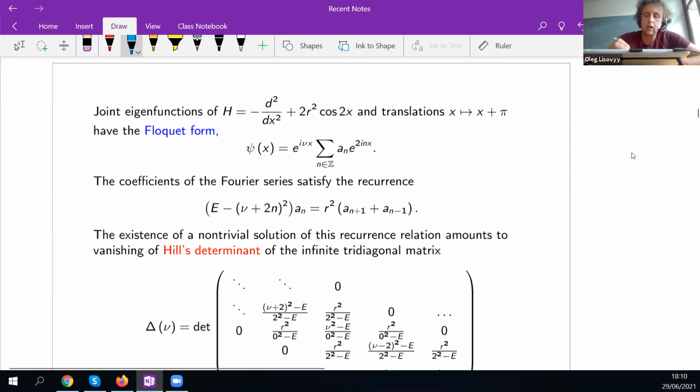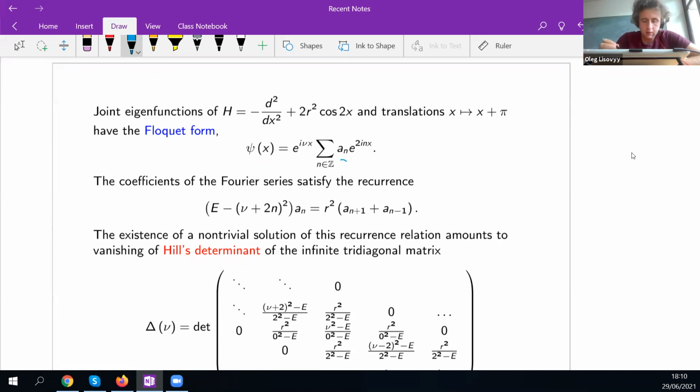Well, so now what should we do? Since our potential is a periodic function, we may look for joint eigenfunctions of this Hamiltonian and the translation operator. We make this Floquet substitution, and then we readily obtain a 3-term recurrence relation for the coefficients of this Fourier series.